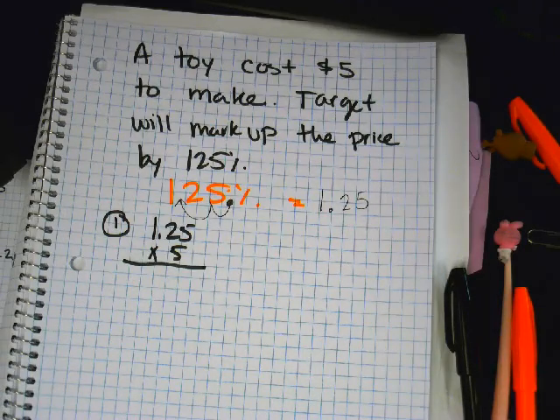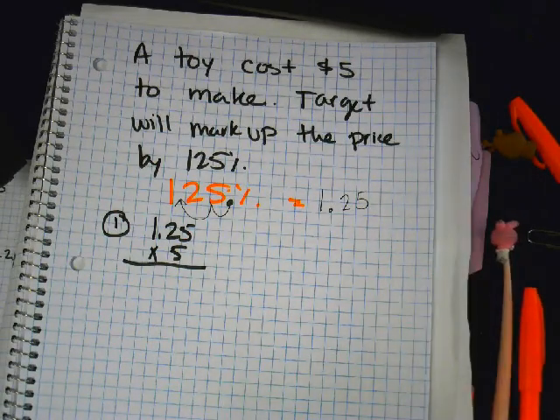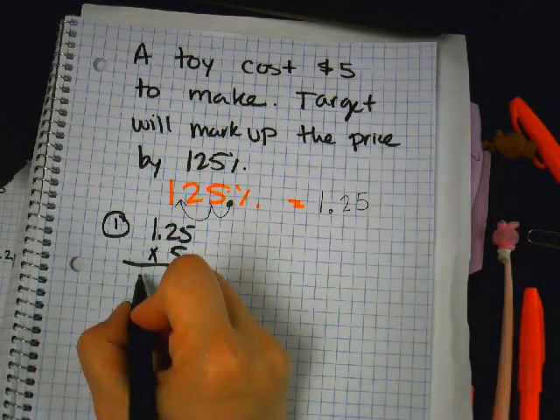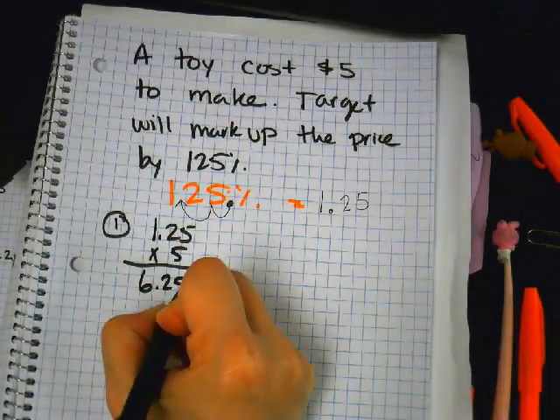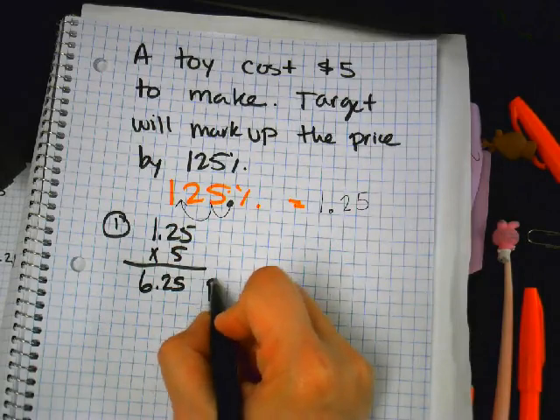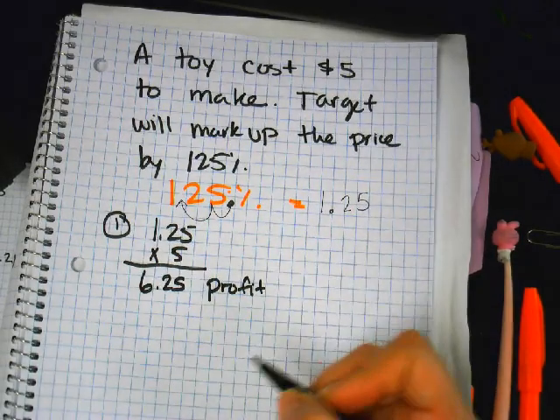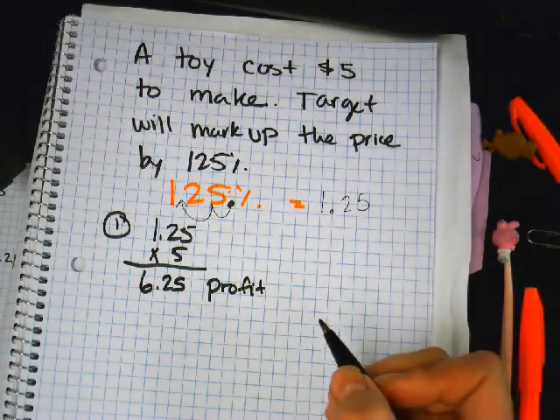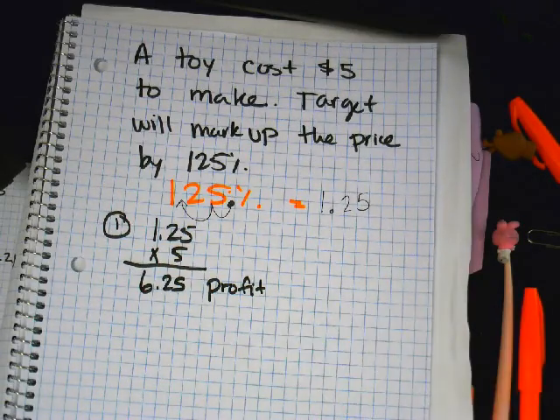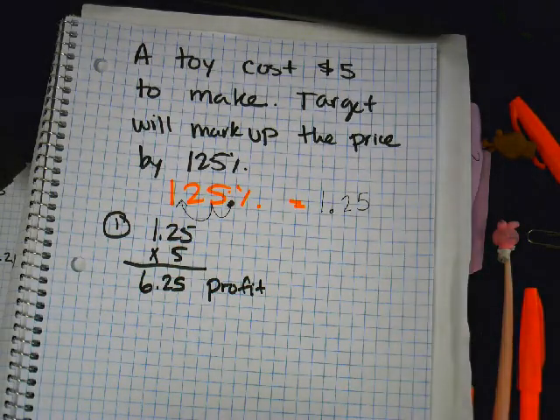What do we got? Oh, for the profit. Not 6.5. 6 point what? Type it in again into the calculator, please. 625 would be your profit. You guys got to know the vocabulary, because on the test I'll be like, well, how much profit did you make? Oh, 625. Okay, step number 2.